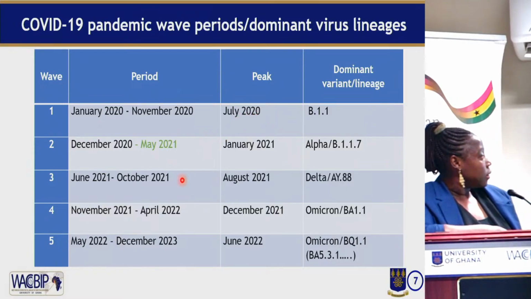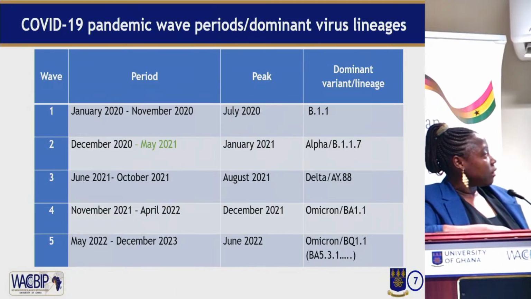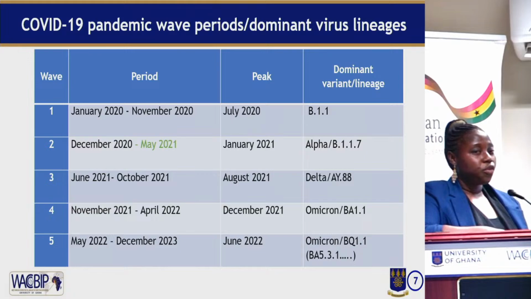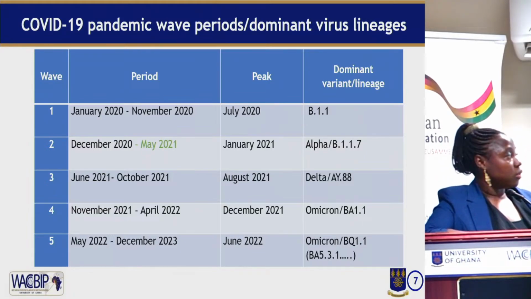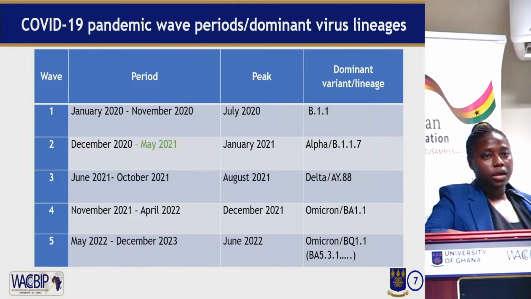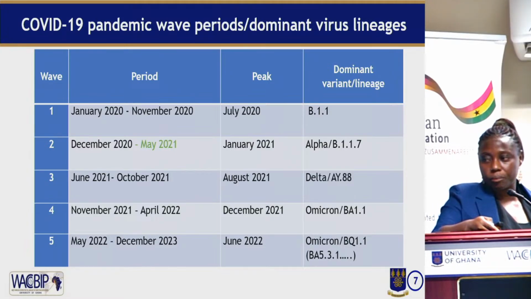In wave 2 the dominant variant was Alpha, wave 3 was Delta, and waves 4 and 5 were Omicron, but different lineages of Omicron. So this is how I grouped my samples according to the times that they were collected.